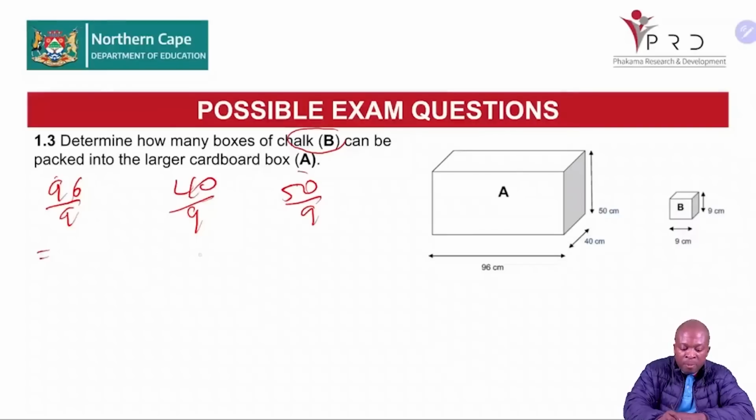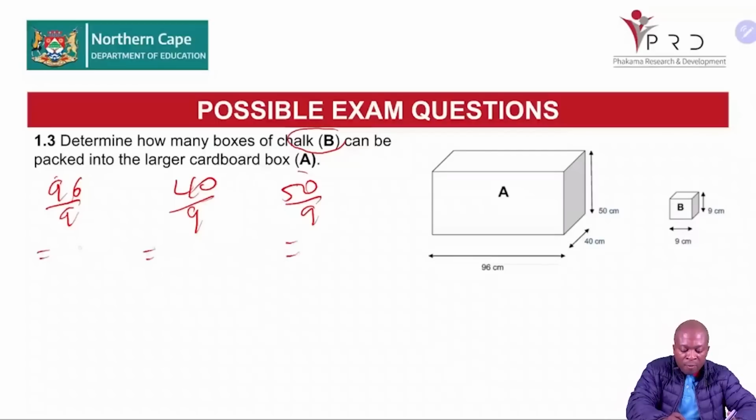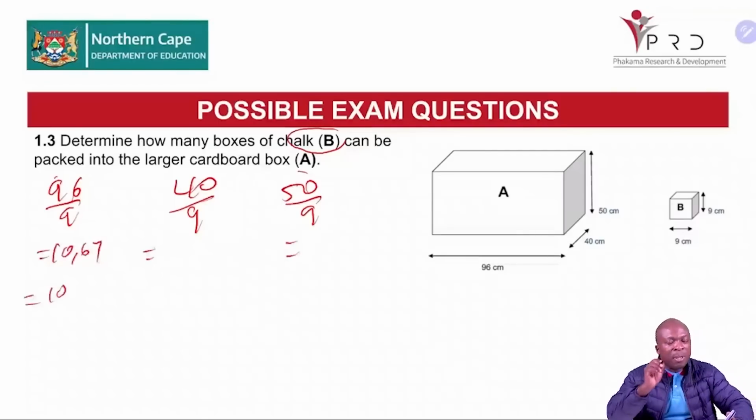Let us press them quickly. You take your calculator, you press your 96, you divide it by 9, that should give you 10.67. You write 10.67. So we can only pack 10. Remember what I said to you, do not include the decimal places, no matter how big you think it is. Ignore it.